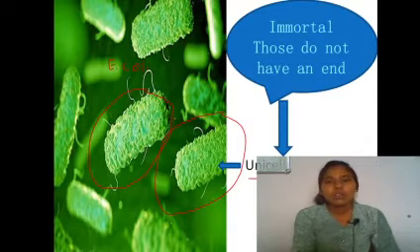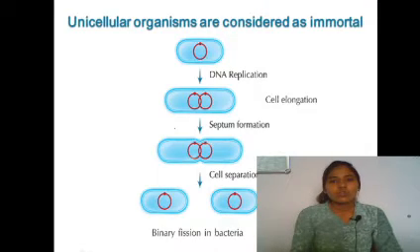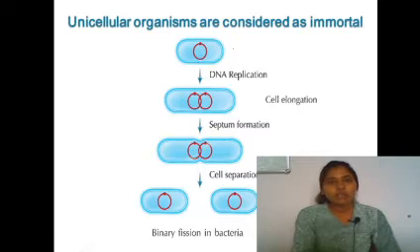Why will this be immortal? This is an important question. Understood? Might be asked for 2 marks. This explanation will give you a clear idea why unicellular organisms are called immortal organisms. Here in this picture you can see there is one cell. This is an E. coli. Then it starts to replicate its DNA, which indicates that cell division is occurring.